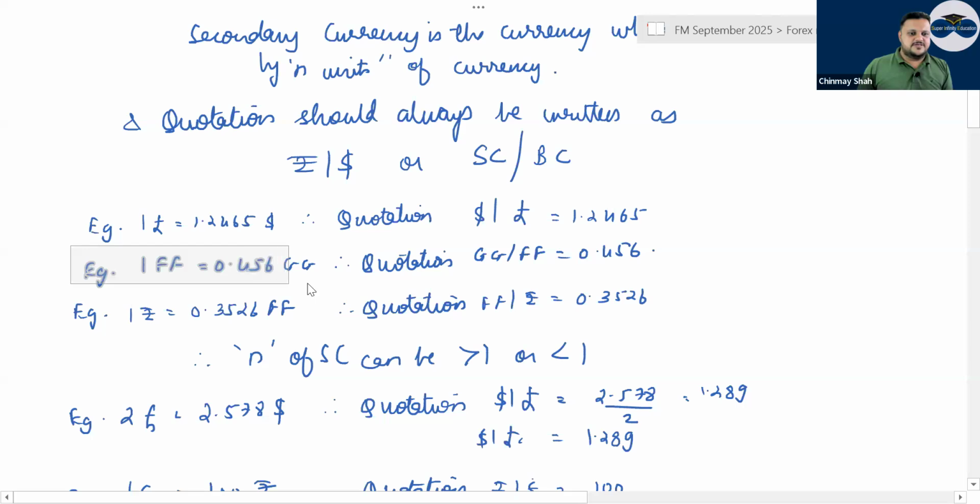Or 1 FF is equal to 0.456 GG. Is it a GG by FF quote or FF by GG quote? So the currency is not at all important. It is GG by FF, secondary currency by base currency.